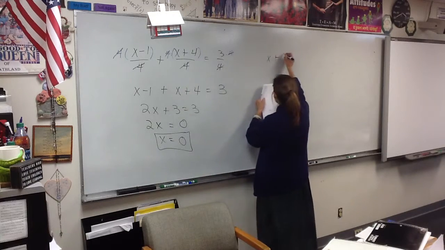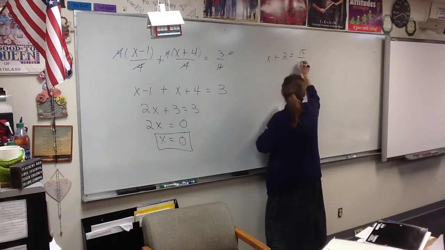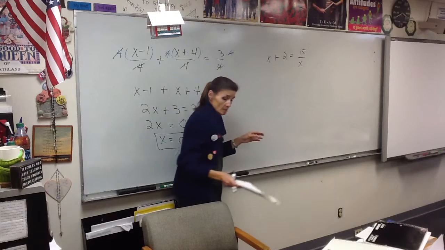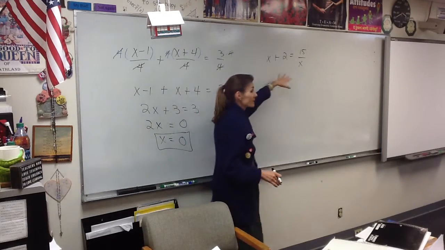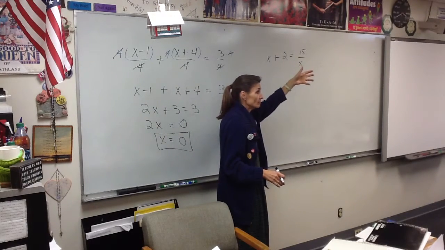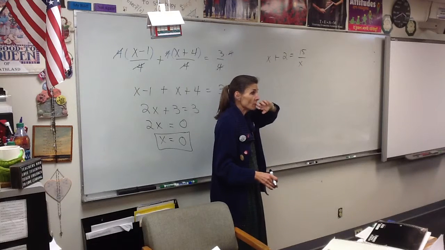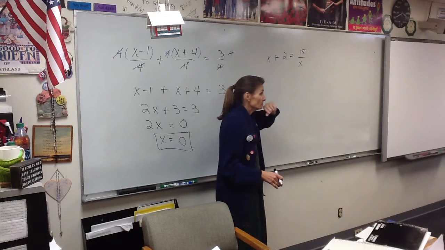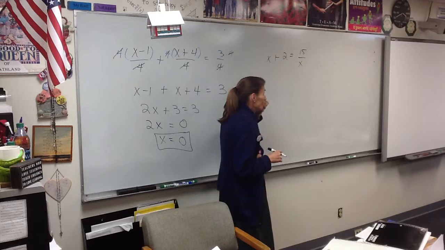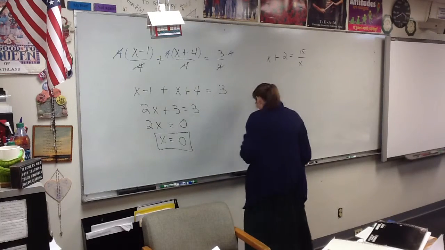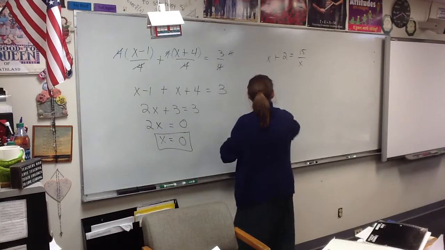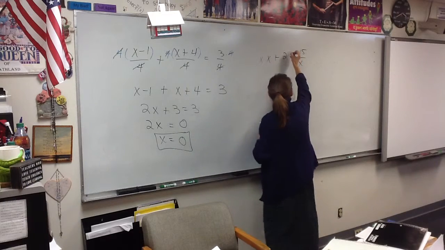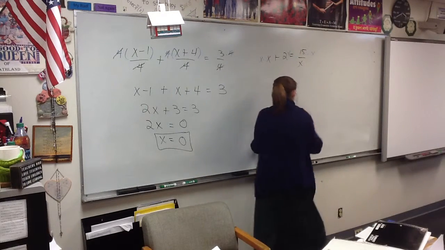Now I want you to think about doing the same thing. Now this one really only has one fraction in it. So what will the common denominator be? x, the only denominator. It'll be x. So I'm going to multiply everything by x.